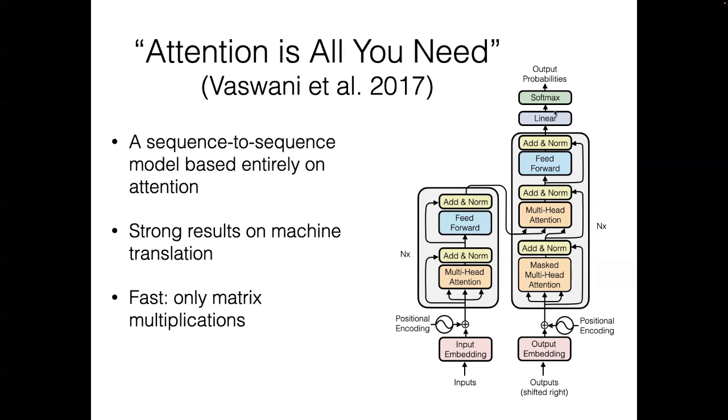Everything that I'll introduce here is based on matrix multiplications. There's no sequential for loop like in the RNN. So it's really amenable to parallelizing on GPUs. GPUs are optimized for large matrix multiplications, and this architecture is very amenable to that.